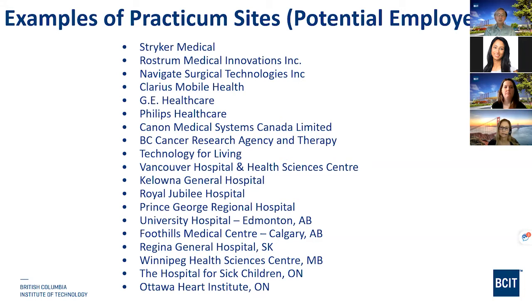Vancouver General, Kelowna General, Prince George in BC, and then other hospitals across Canada, like in Alberta, Manitoba, Ontario, etc. So these are all practicum sites. As well, they are potential employers. So a student will have a chance to pick and choose where they want to go for the practicum.